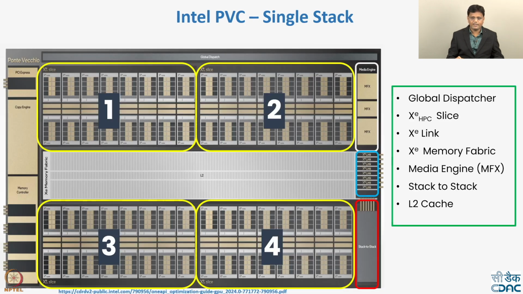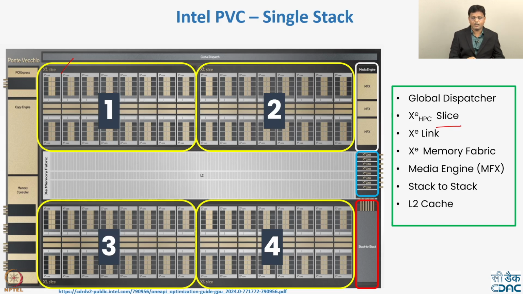This is a view of Intel PVC GPU. This is a single stack. If you are able to recall what we discussed in NVIDIA GPU at a very high level, there was GPC. Similarly, here you can see some compute core units are organized in some blocks, and they call it Xe slice. They are calling it slice, and there are 4 such blocks.